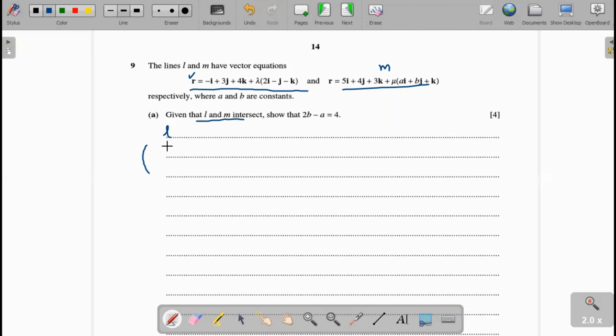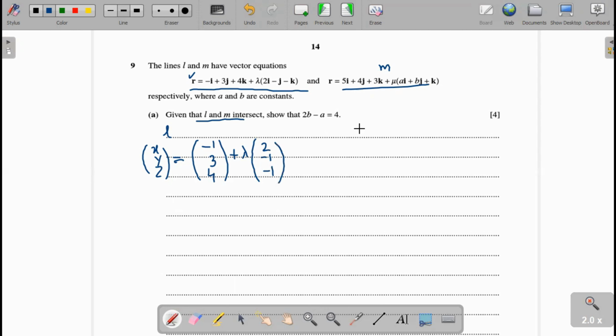We write this in column vector form. In the column vector form, r can be written as x, y, z, and the next is minus i plus 3j plus 4k, which shows the position vector, that is the position vector minus 1, 3, and 4. We write the coefficients of i, j, k as they are, plus lambda, and this is the direction vector, and the coefficients of i, j, k are 2, minus 1, minus 1.